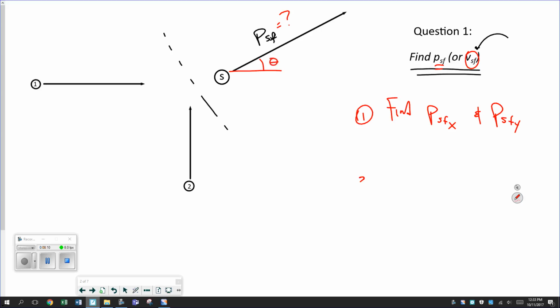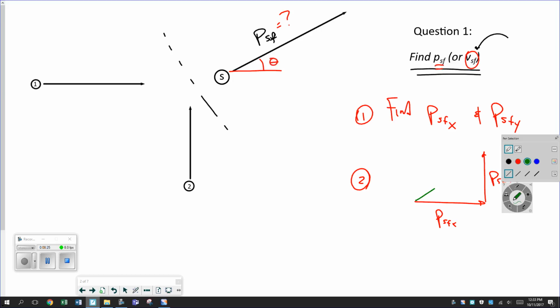The reason we find those components is that if I know P system final X and P system final Y, I can now find P system final. How would I do that?